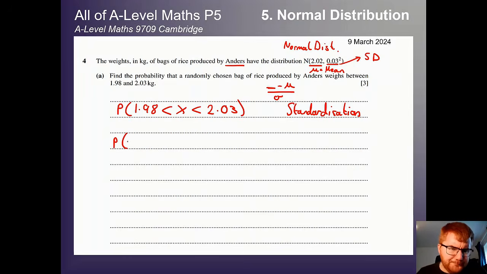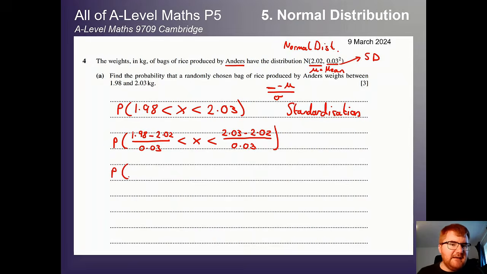So we want to standardize this. We take the 1.98, we minus the mean, so that's 2.02, and then divide by the standard deviation, which is 0.03, not squared, but just 0.03. We do exactly the same to the 2.03: we minus the mean, and then we divide by the standard deviation. That'll give us two particular values. If we type this in, we get 1.98 minus 2.02, divided by 0.03.